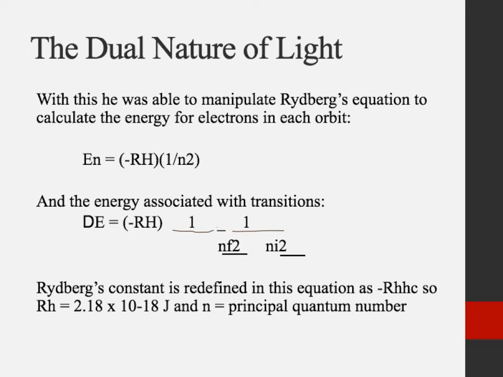It should be the principal energy level final squared minus the principal energy level initial squared. So Rydberg's constant is redefined in this equation as negative RH, where RH is equal to 2.18 times 10 to the negative 18th joules, and n is the principal quantum number.